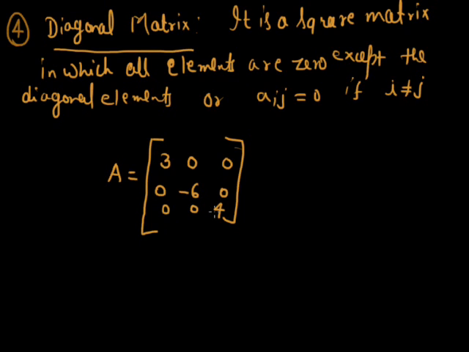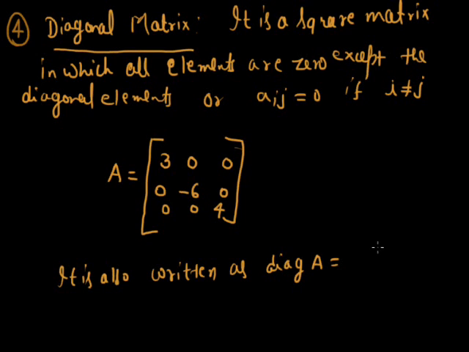These are the diagonal elements. It is also written as diag A, 3 minus 6, 4.